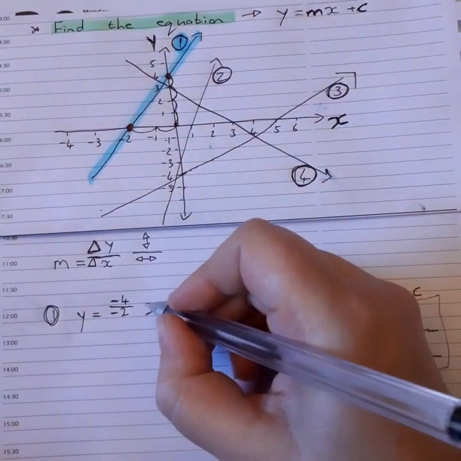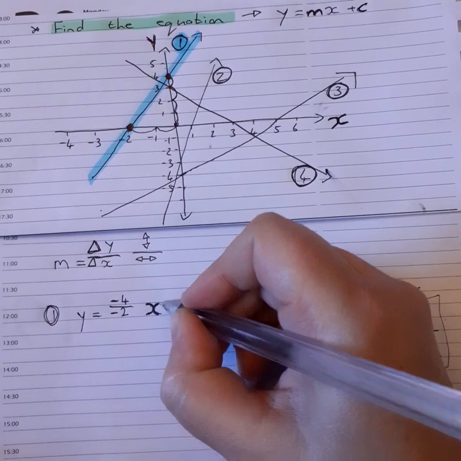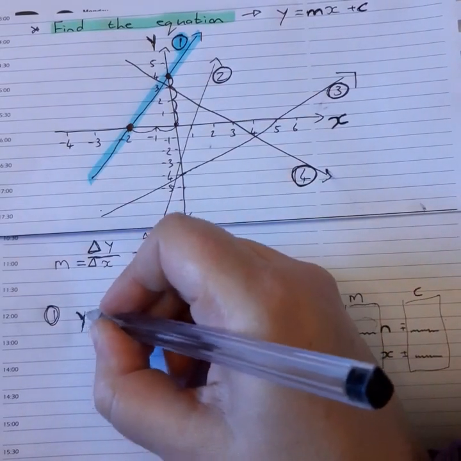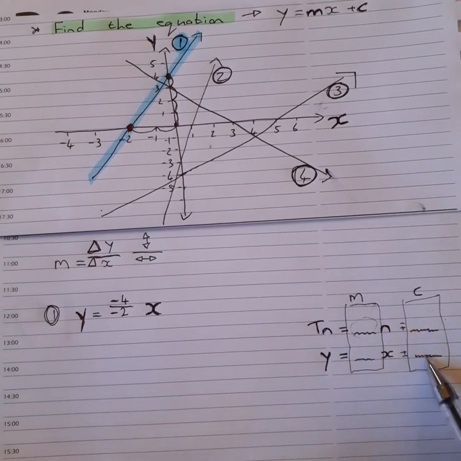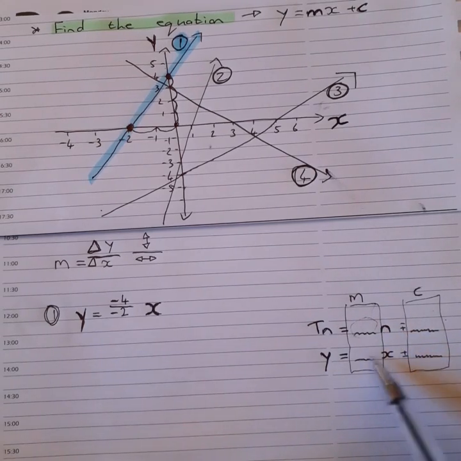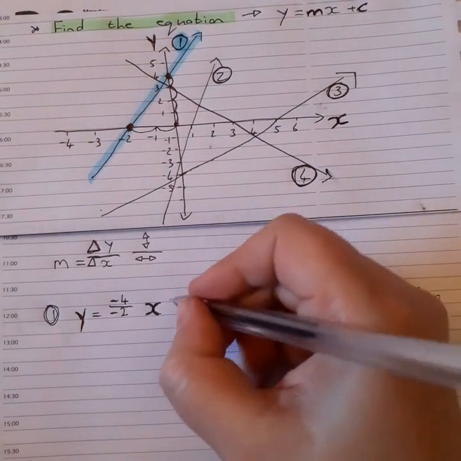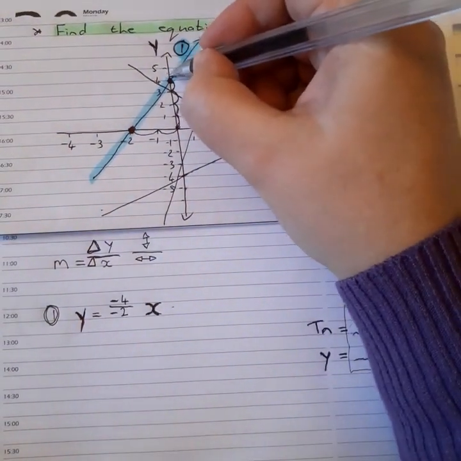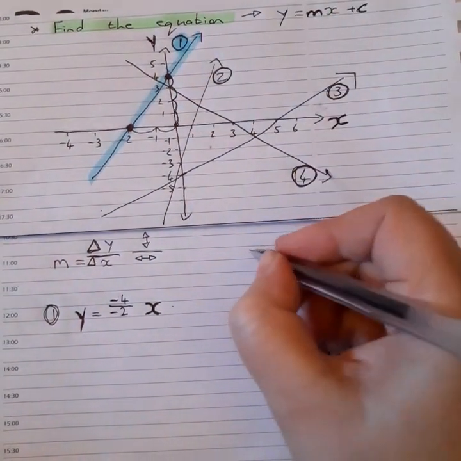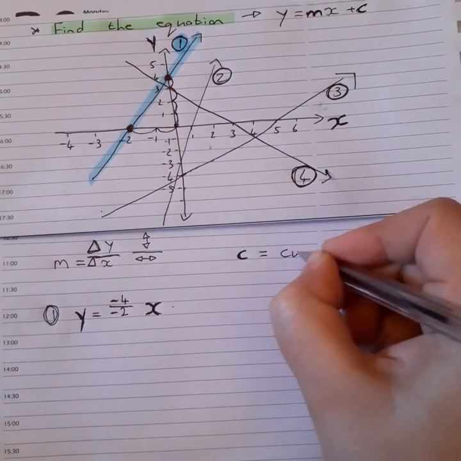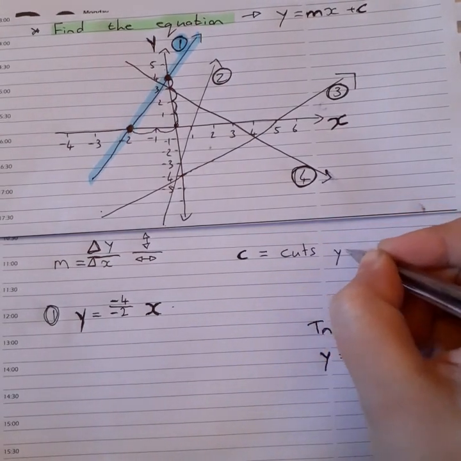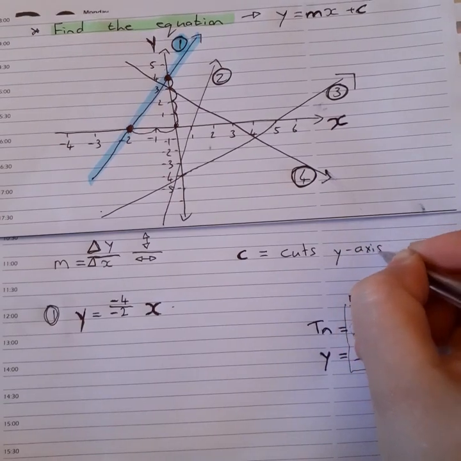Then we've got an x there. See, this y and this x just always stays there, because it was part of this equation. The y and the x stays there. We need to find out the m and the c. And the c is where does it cut the y-axis. So c is where it cuts the y-axis.